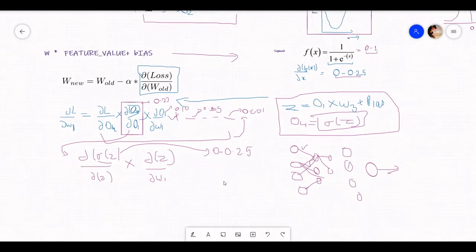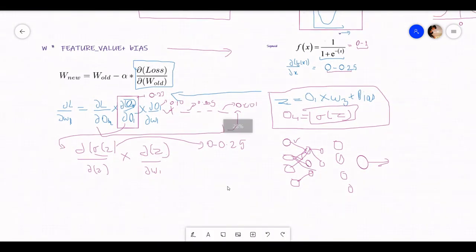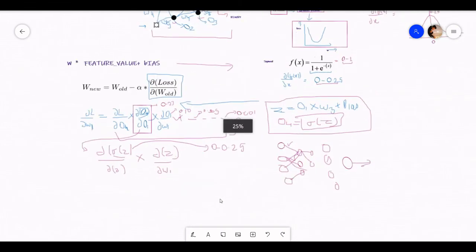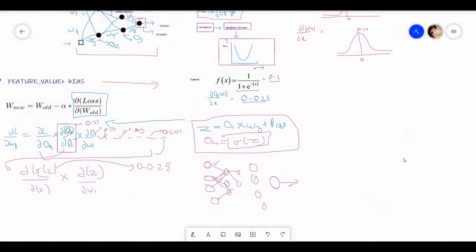It will become a very small number. This is the main problem with our sigmoid activation function. The multiplication of the derivatives becomes del L upon del W1.